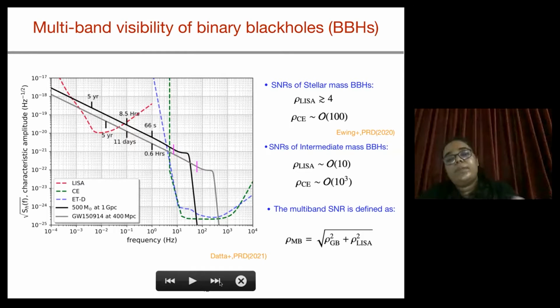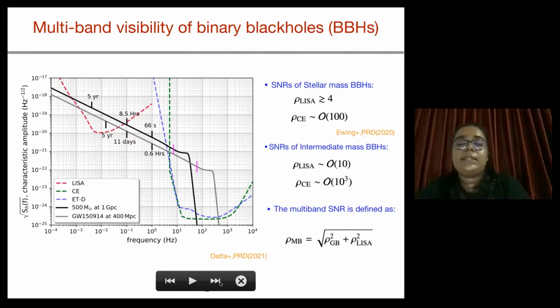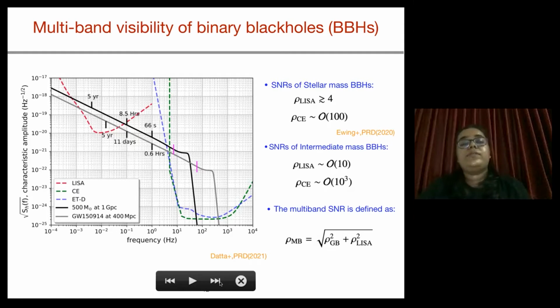This sudden drop depicts the merger of these systems. As you can see, 5 years prior to their merger, the amplitudes fall well within the millihertz band of LISA, and as they evolve, the late time dynamics close to the merger and ringdown is visible in the ground based detector bandwidth, which is the kilohertz regime.